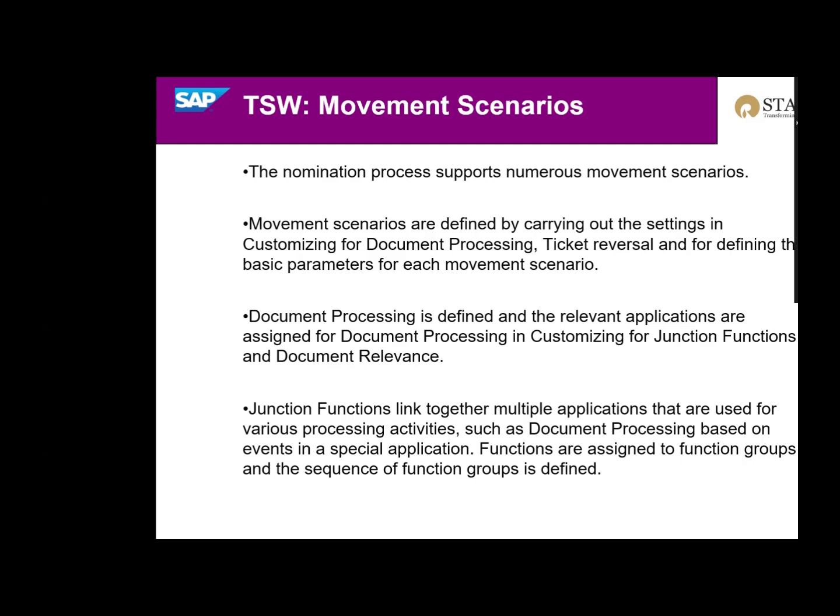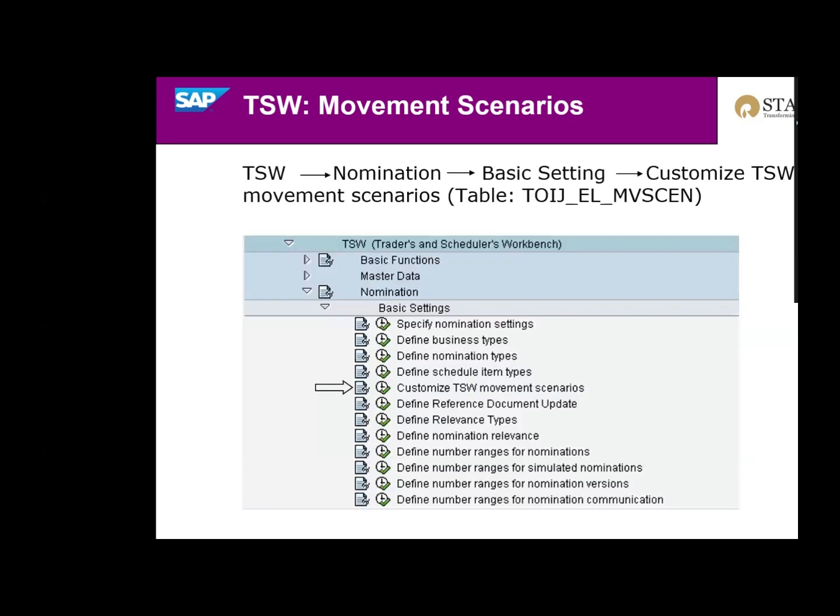First of all, you have to do delivery, then only goods issue. So in which sequence documents are to be processed, that also we have to define in the customizing. Yes, this is the place where we can do the customizing.